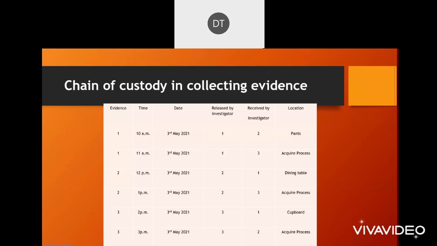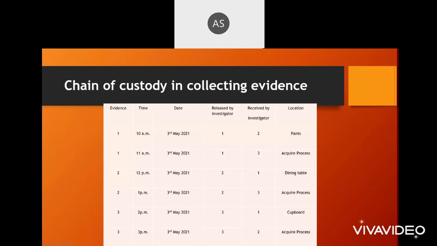The second evidence which has been collected is between 12 p.m. and 1 p.m., which is released by the second investigator. The first and third investigators received it at the location of dining, acquired process.